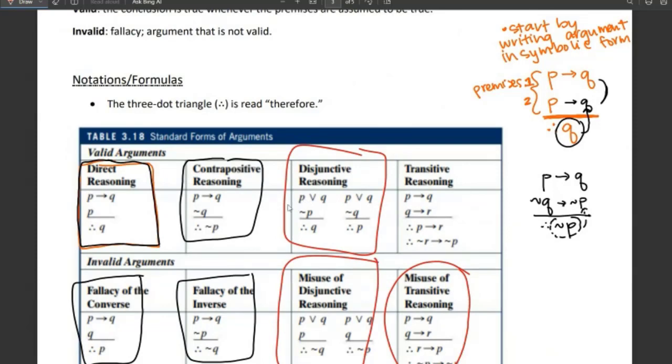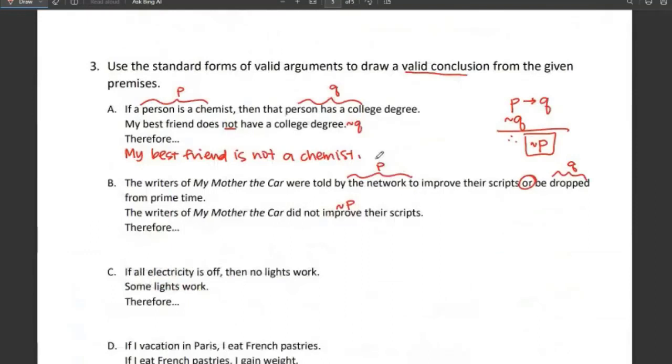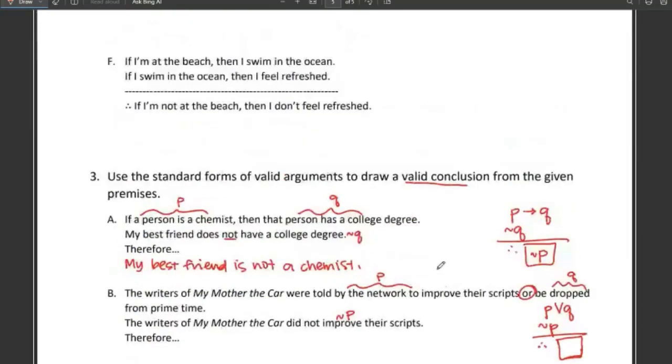So in order for this to be valid, we need to follow one of these rules. So we have P or Q, and then we have negative P, therefore. So according to our table, what do we need for this to be valid?